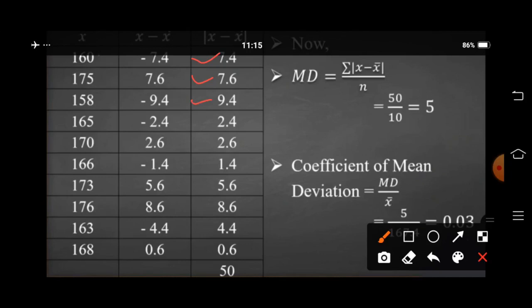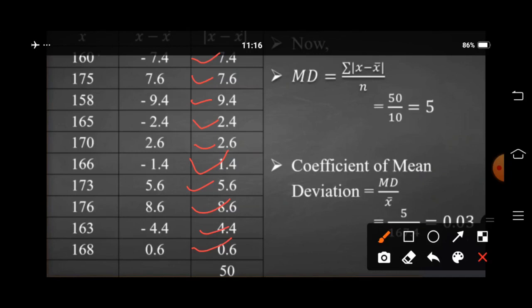Minus 2.4 converted into absolute value would be 2.4. 2.6 remains positive 2.6. Minus 1.4 converted to absolute value is 1.4. 5.6 remains 5.6. 8.6 remains positive 8.6. Minus 4.4, minus removed, 4.4 is there. 0.6 remains 0.6 as a positive number.